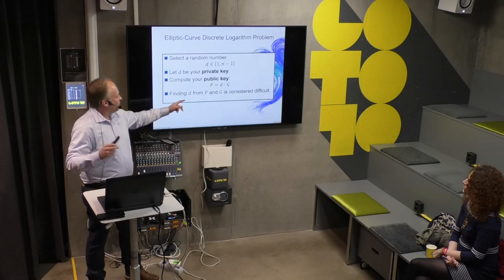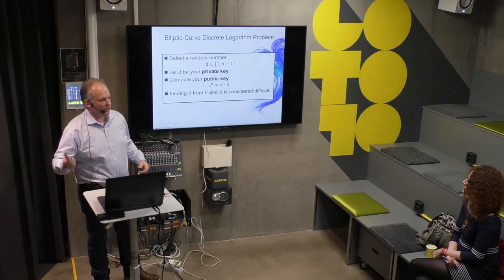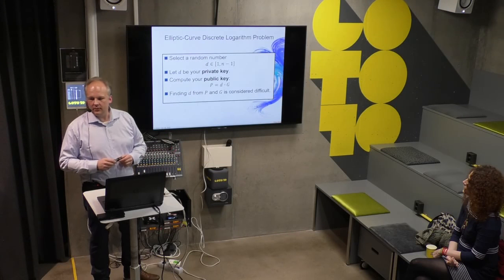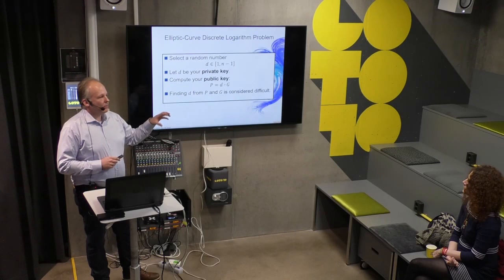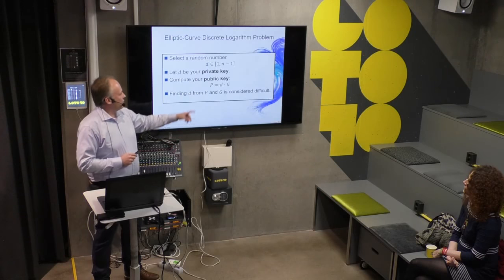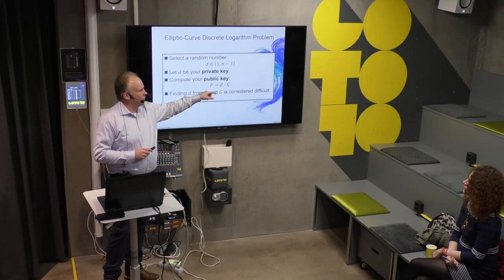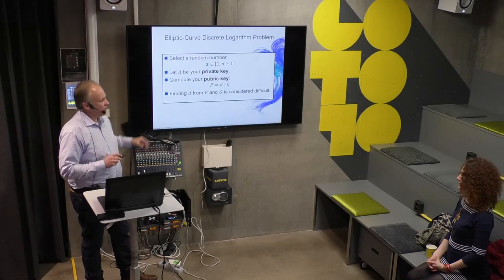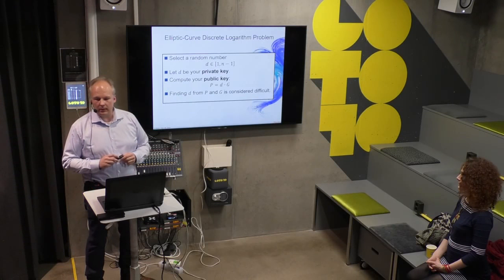If you have a large number, you can shift it right, and the bit that goes out, if it's a 1, then you add. Otherwise, you just double. And by scanning the power consumption of the processor, you can actually find out, unless the algorithm is cleverly designed, what the private key is. But without such methods, it's difficult to find the private key from the public key.